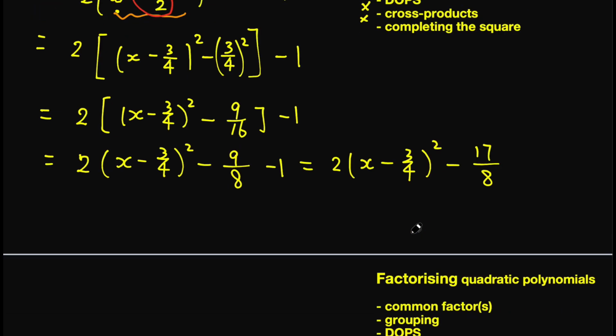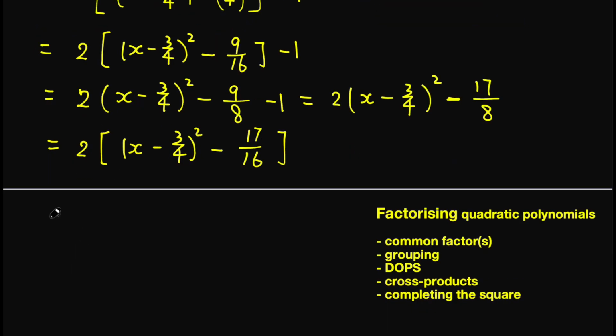Then how are we going to continue? We can do it in this way, then make 2 the common factor again. Because we have a negative sign here, it means we can convert it to the difference of squares form, and this number will be considered as root 17 over 4, all squared.